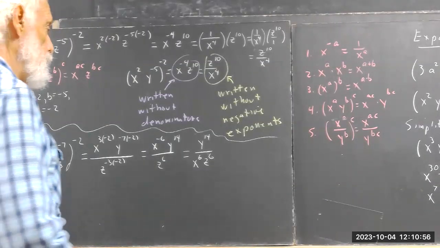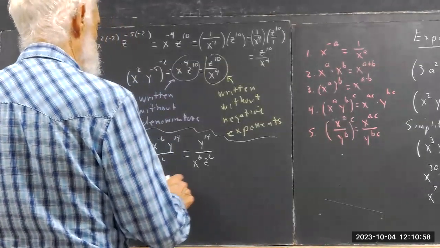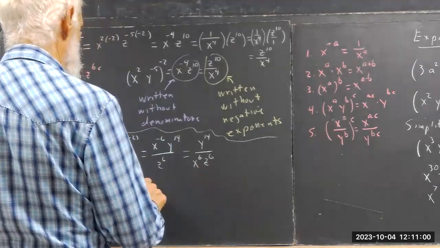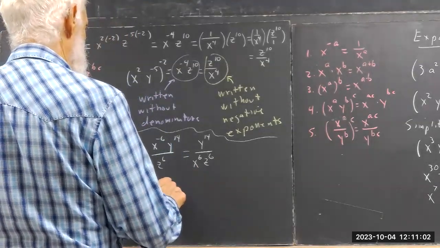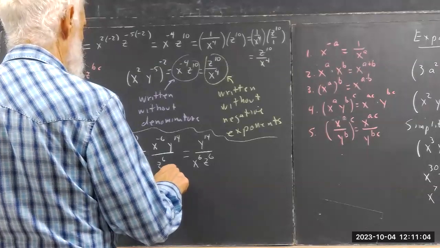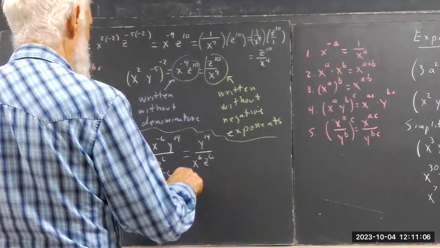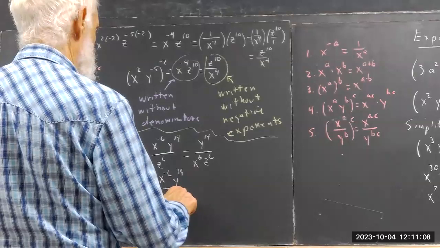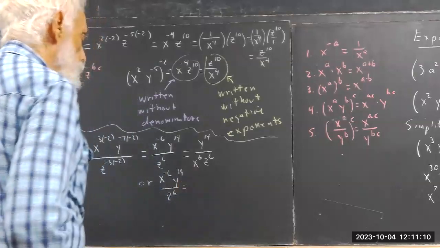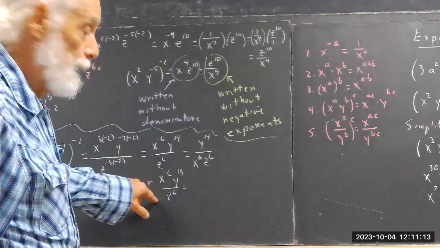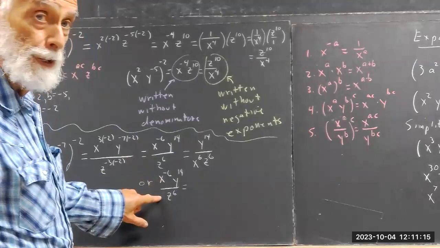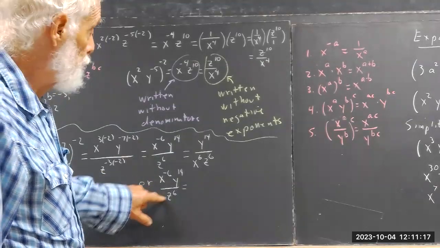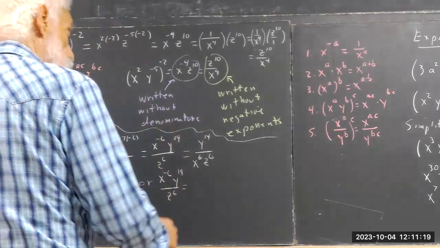Now another way to write it is without denominators. z to the 6th down here in the denominator is the same as z to the -6 in the numerator.